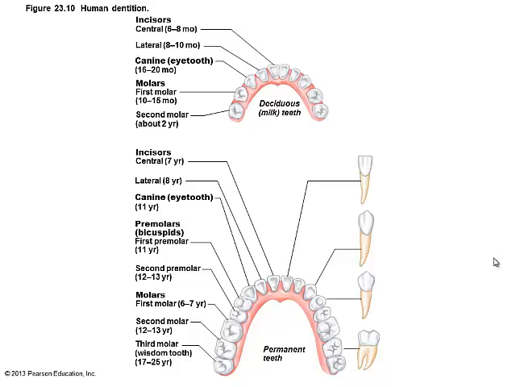Sometimes we don't have a second set. A good friend of mine's husband didn't have a second set. He's got dentures. He never had a second set. Then sometimes you grow too many. So my son and my daughter, we took them both at the same time and had their wisdom teeth taken out when they had just come in.